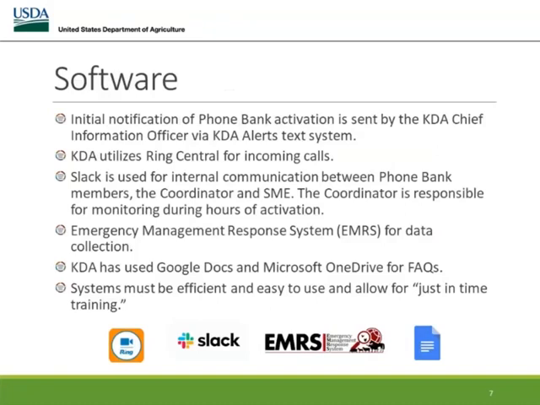We use Slack as internal communication because we're able to add people from the outside, whether it's from research and extension, or maybe stakeholder groups that have an expert. So Slack is our internal communication opportunity, and we use emails. We'll talk about that just a little bit. And for our FAQs, we've used Google Docs and Microsoft OneDrive.